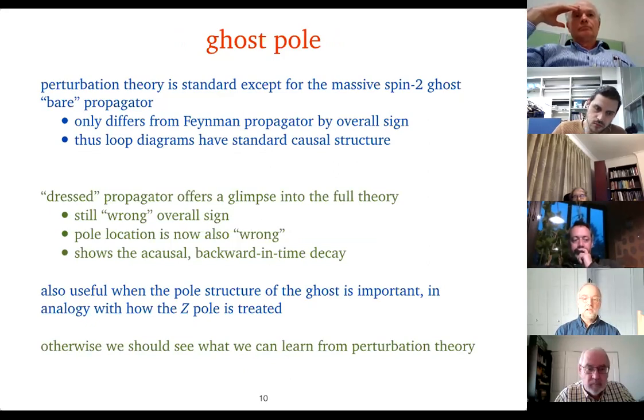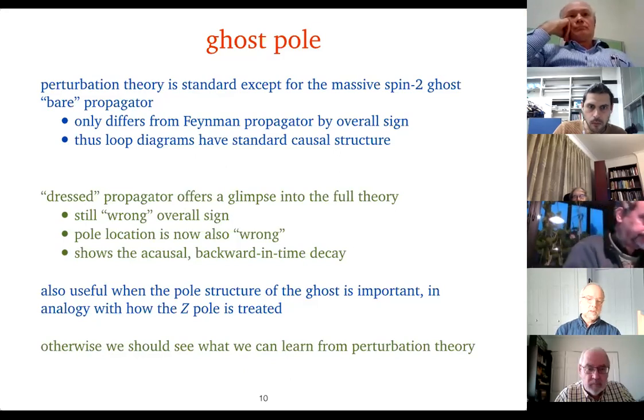Now you can consider the dressed propagator, and this is very useful because it does offer a glimpse into the full theory. So as John has explained, it has the wrong overall sign. The pole location is now also wrong. And it's this structure that gives us this acausal backward in time decay. So yes, it's very useful to consider to see that.